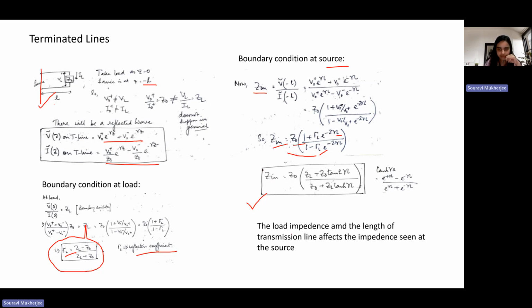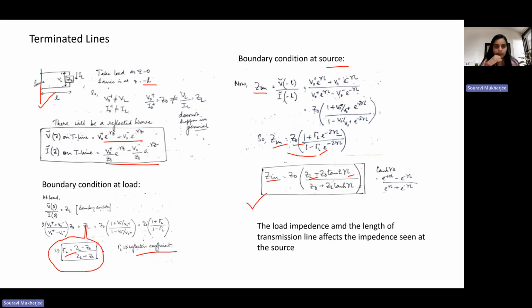Okay. So this tells us that the load impedance that is given as ZL, right? The load impedance and the length of the transmission line, and also Z naught. So the load impedance and the length of the transmission line are seen to now affect the impedance that is seen at the source.